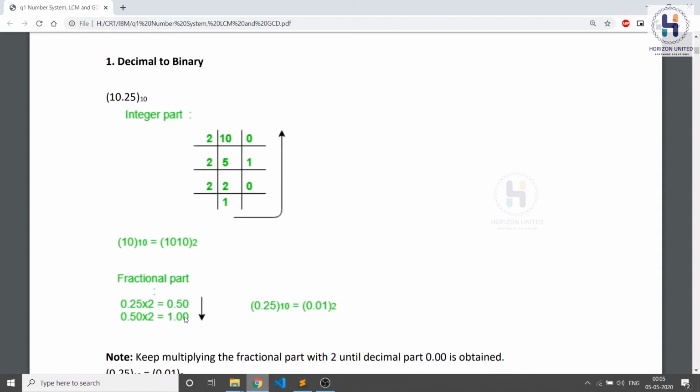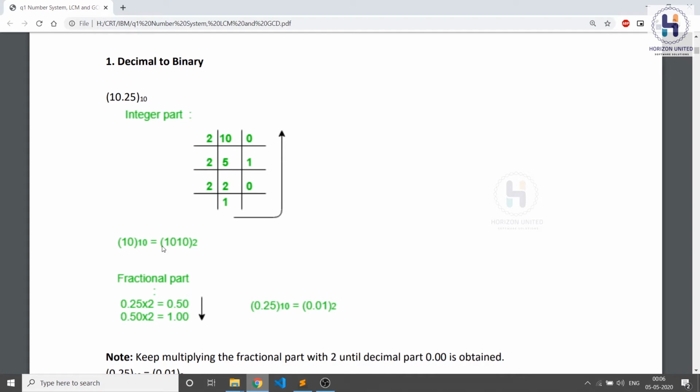Here you consider 01 as the binary number, and one more important thing is that here you should not take it in reverse order, you should consider it in the proper order itself. From top to bottom, not from bottom to top, unlike in the previous case. Clear?